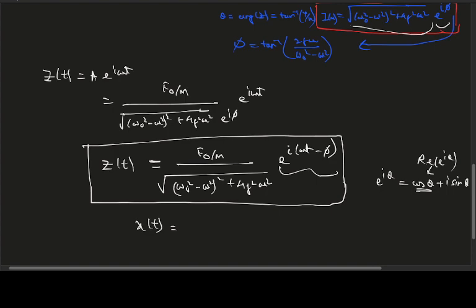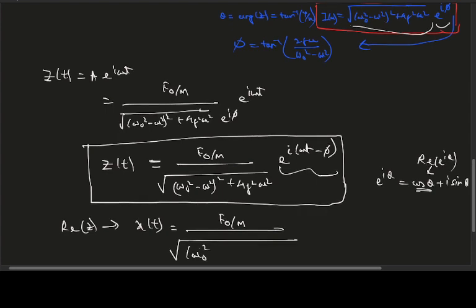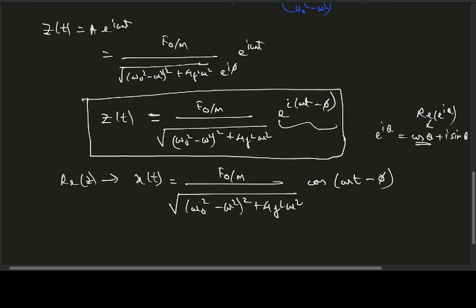So we can write this as f naught by m over the root of omega naught square minus omega square whole square plus 4 gamma square omega square, times cosine omega t minus phi. Here we have the particular integral solution.